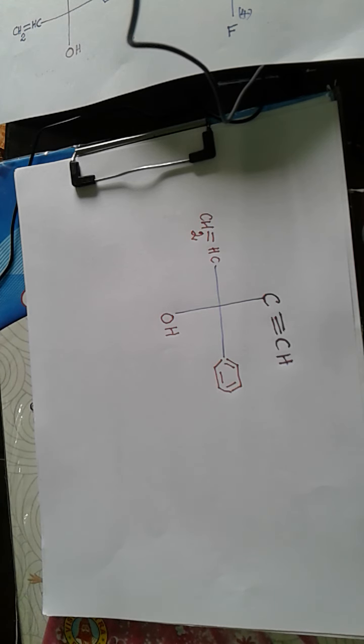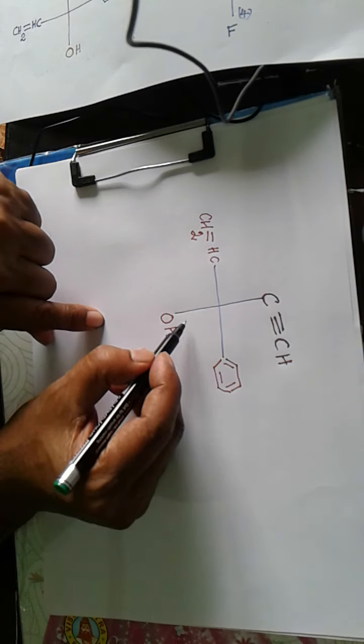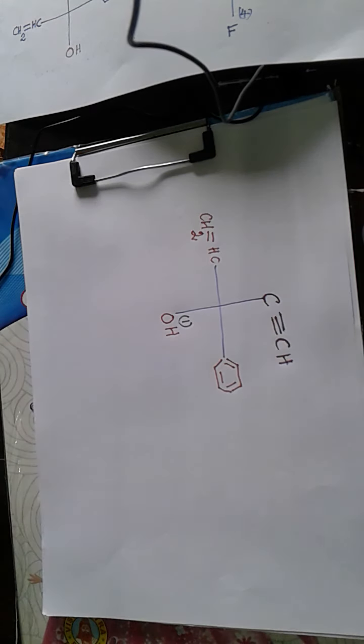Evidently, the OH group gets number 1 because the oxygen atom has a higher atomic number than the carbon atoms to which the other groups are joined.